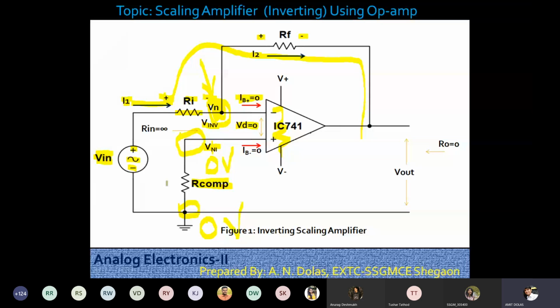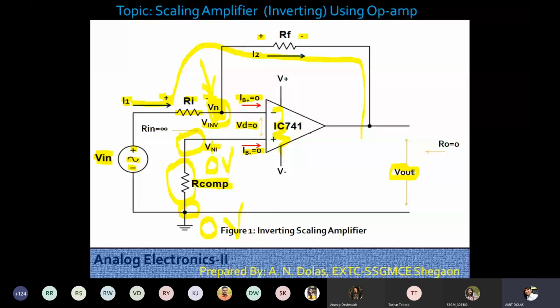If we talk about the voltage developed across Rcom, it will of course be 0 because there is no potential difference at either end of the compensation resistance Rcom. So again, there is no current into the non-inverting terminal of the op amp. So these were a few things to remember before analyzing the circuit, before writing the equation for V out.